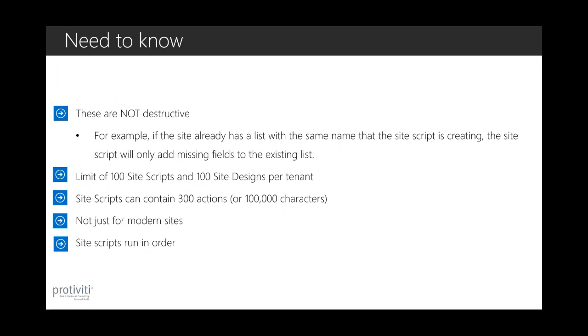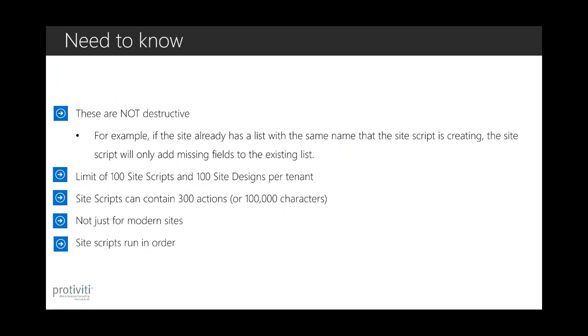One great nuance is that they do run in order. So when you're thinking about your site scripts, it's really important when you're building libraries and lists and columns, especially if you're doing site columns, that if you have dependencies, they need to run in the specific order, and debugging that can be a little hard.